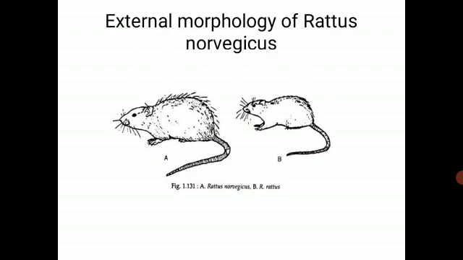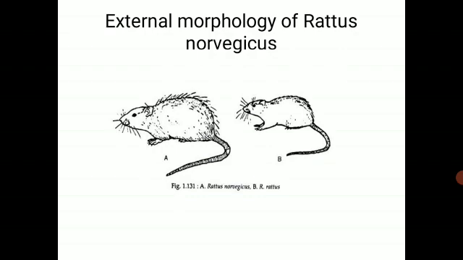In this video we just discuss Rattus norvegicus. But for your information, Rattus rattus is also given, because some of the characters, like body division and a few other characters, are similar.